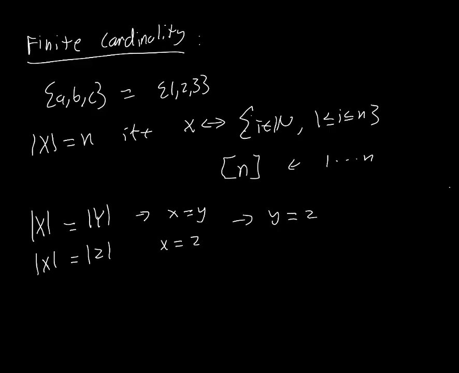Now, how do we do this? In order to do this, we need a lemma. The lemma that we need is that if n is greater than or equal to 1 and X has cardinality n, and if n is equal to 0, you can never have negative cardinality. And if X has cardinality 0, then it's the empty set.